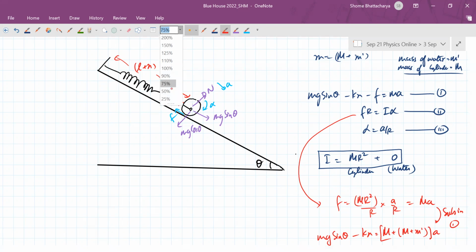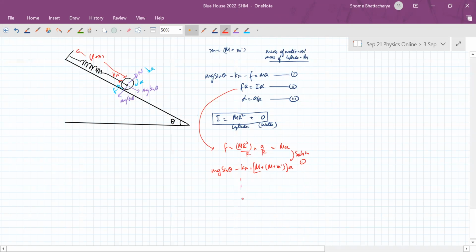Now from this we can see that at equilibrium, alpha should be 0 for the cylinder. So x should be equal to mg sine theta divided by k.